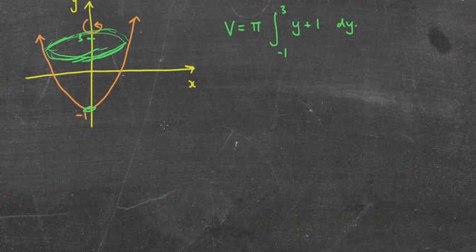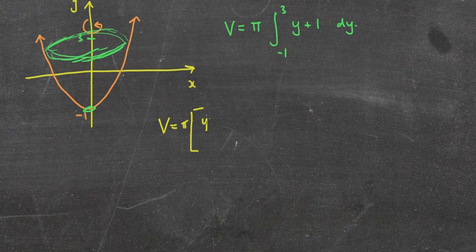So let's integrate. Volume equals, now I need to put my pi outside. We've got y squared over 2 plus y, and we've got 3 and negative 1 there. So now what we can do is substitute.